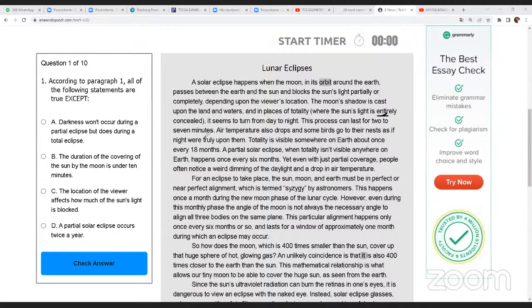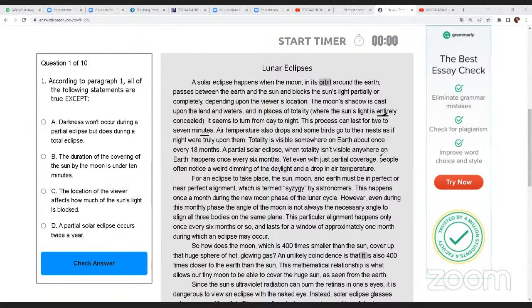Air temperature also drops, and some birds go to their nests as if night were truly upon them. Totality is visible somewhere on Earth about once every 18 months.